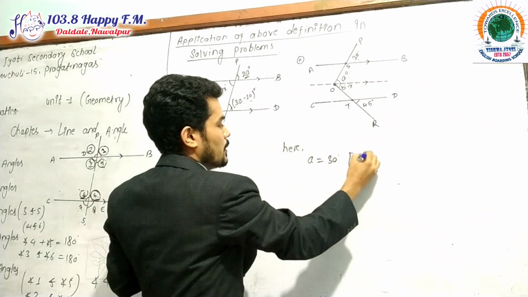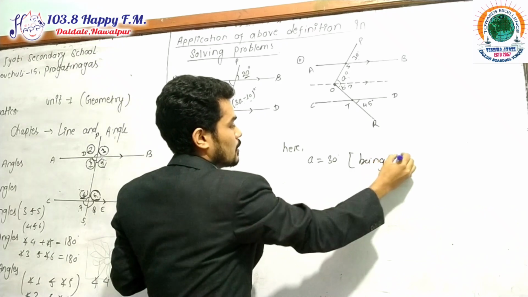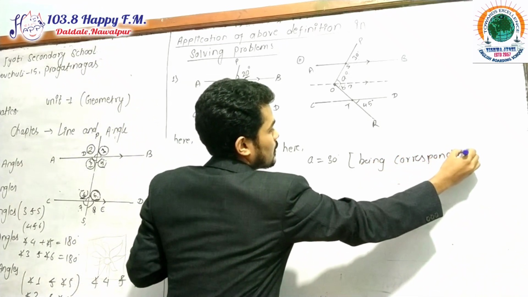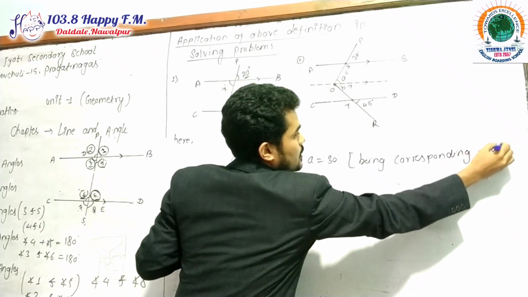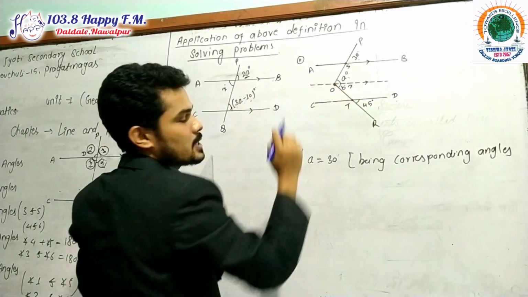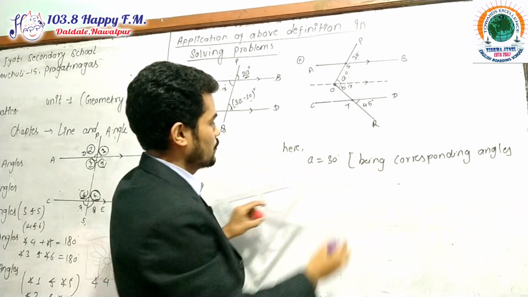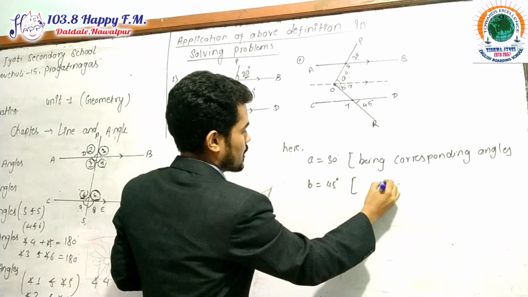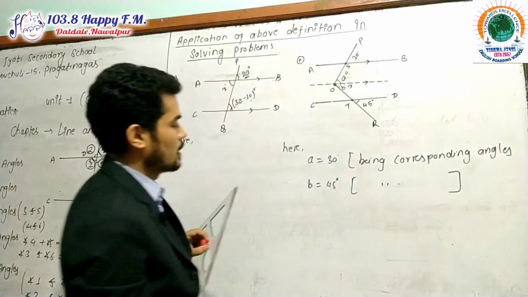So A is 30 degree, being corresponding angles. Similarly B is equal to 45 degree. This is also a corresponding angle, the reason being the same.